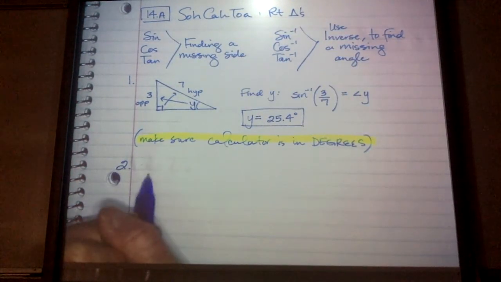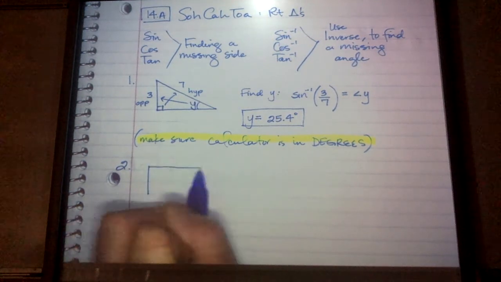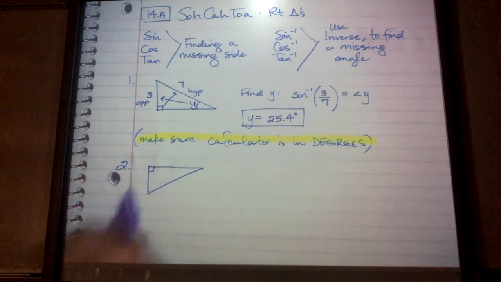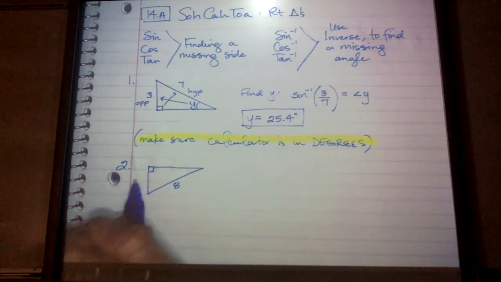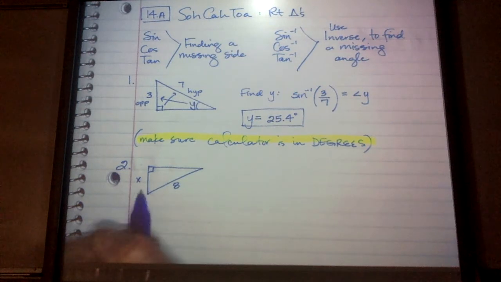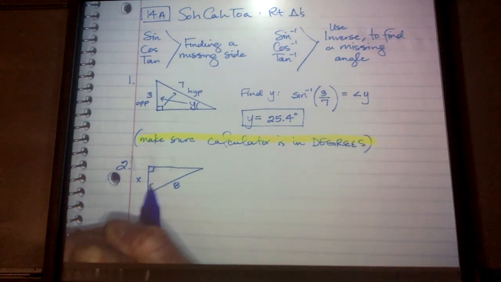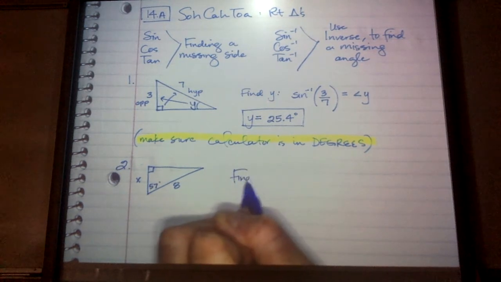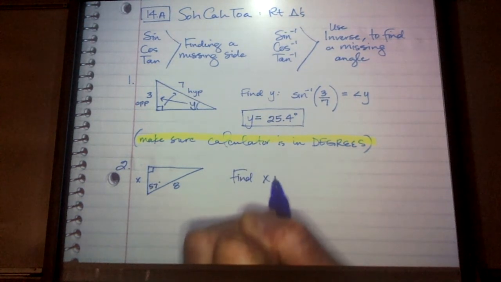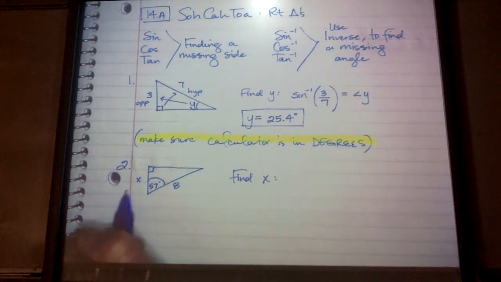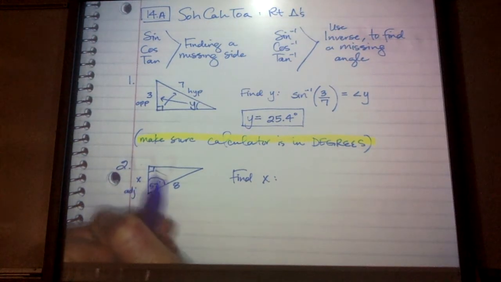Here's a different triangle. And let's say this is 8, and I'm looking for X, and they told me that this is 57 degrees.